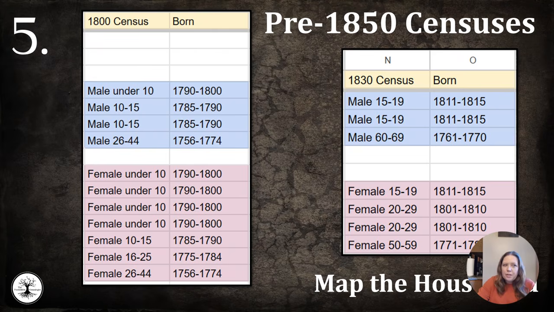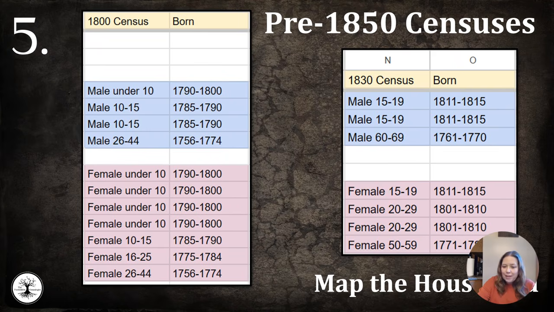There are various spreadsheets that you can buy online that can do lots of fancy things for this. But I often just use Google Sheets because it's a free spreadsheet and I can just create the columns that exist on the census and then put the equivalent birth years that those brackets would fall into.